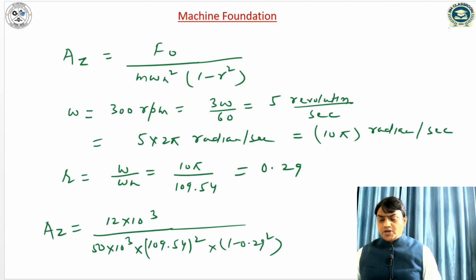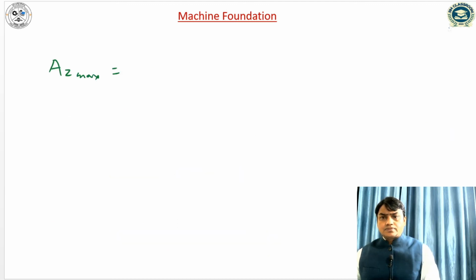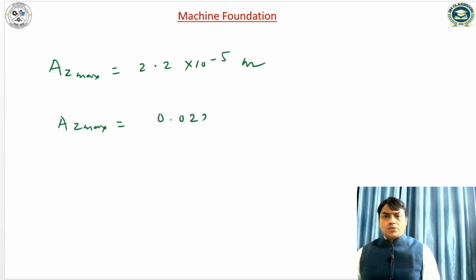So it is 2.2 into 10 to the power minus 5 meter, or we can write 0.022 mm, the maximum amplitude.